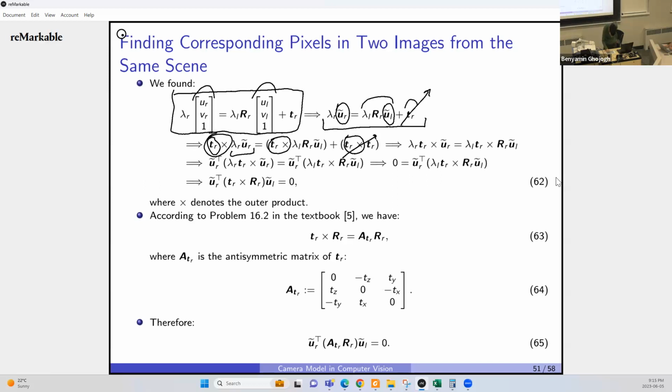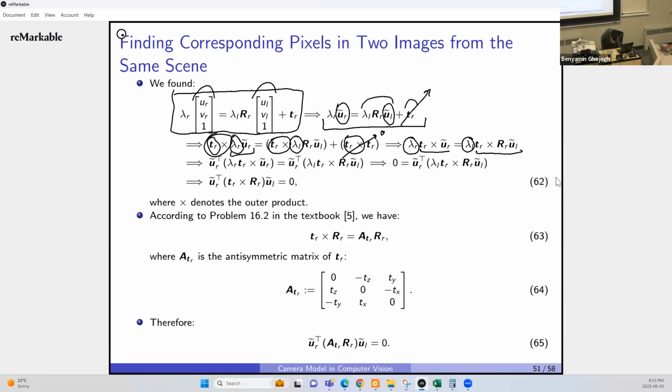So this goes away. It becomes 0. Okay, it becomes simplified. By the way, lambda R is a scalar. I can bring it out. Can go back and forth in multiplication. Here, lambda L is also a scalar. I can bring it out.